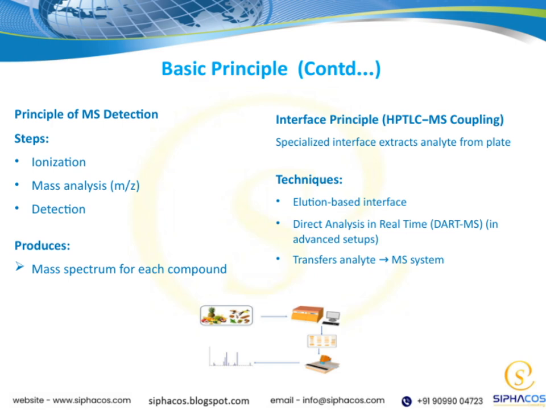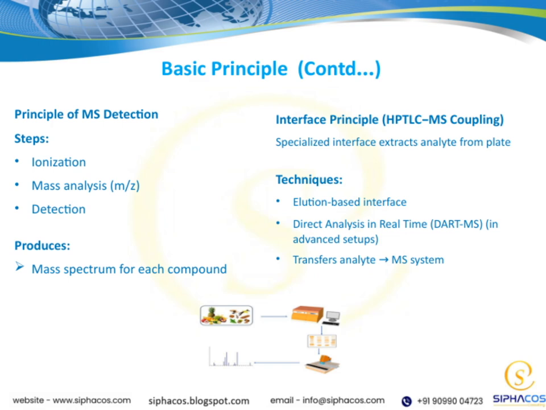Now, moving on to the basic principle of MS detection, it involves a few essential steps. First, ionization, where the molecules are converted into charged particles. Then, these ions undergo mass analysis, where their mass-to-charge ratio, or m/z, is determined. Finally, detection records the abundance of each ion, helping us identify the compounds. What this process gives us is a mass spectrum for each compound analyzed.